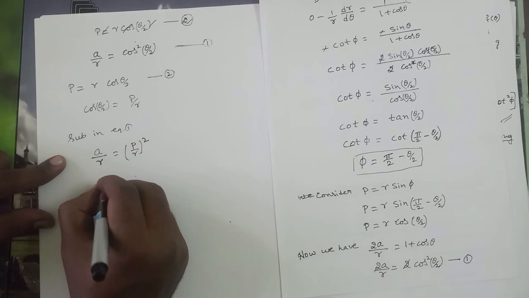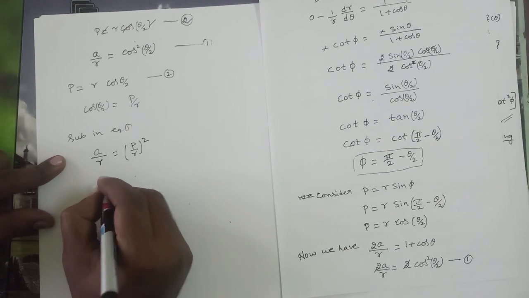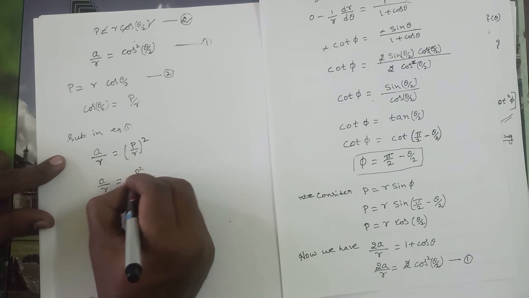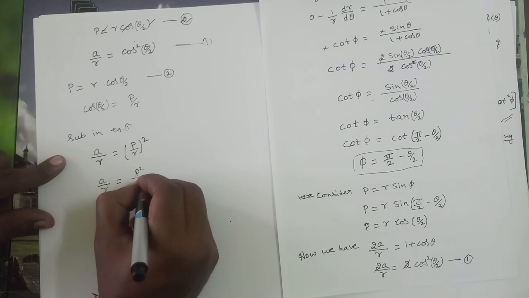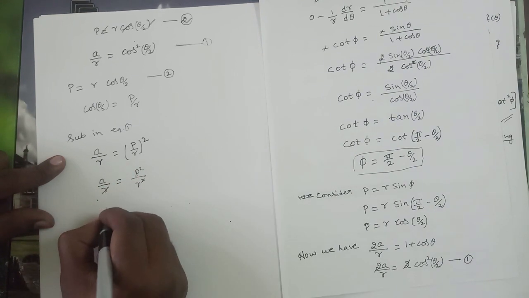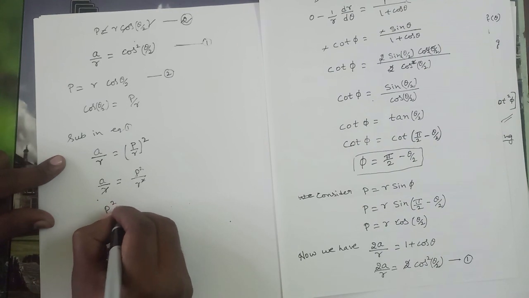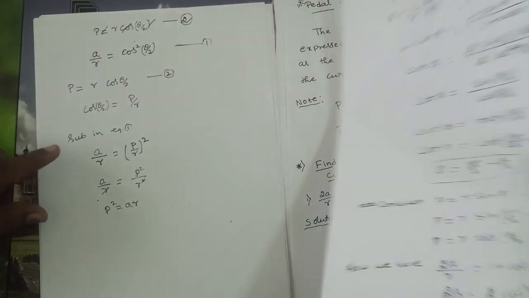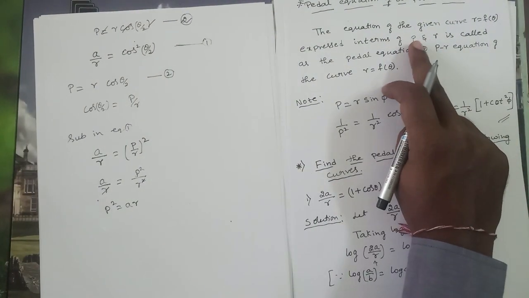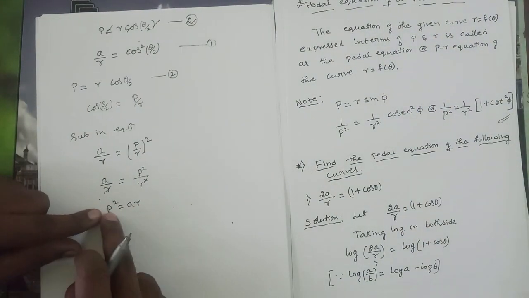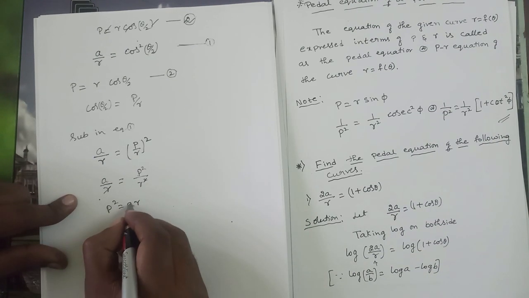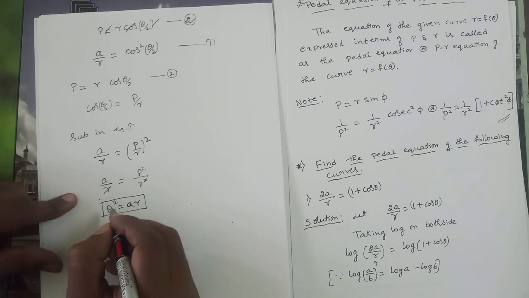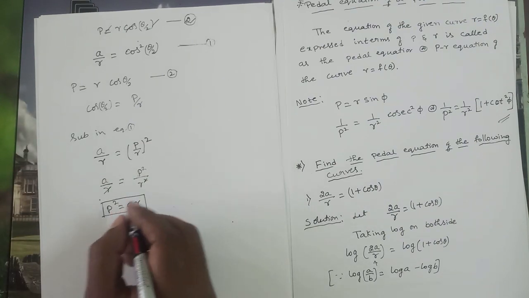So this can be written as A by R equals P square divided by R square. One R gets cancelled, so P square equals AR. In terms of P and R, this is the solution, right? A is constant, no problem in that one. Therefore this is the required solution.